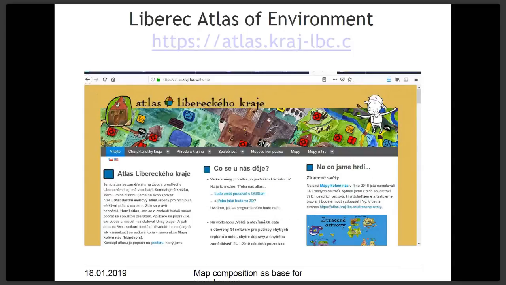This atlas is in Czech because it is for the children in the Liberec region, but you can see some basic principles.